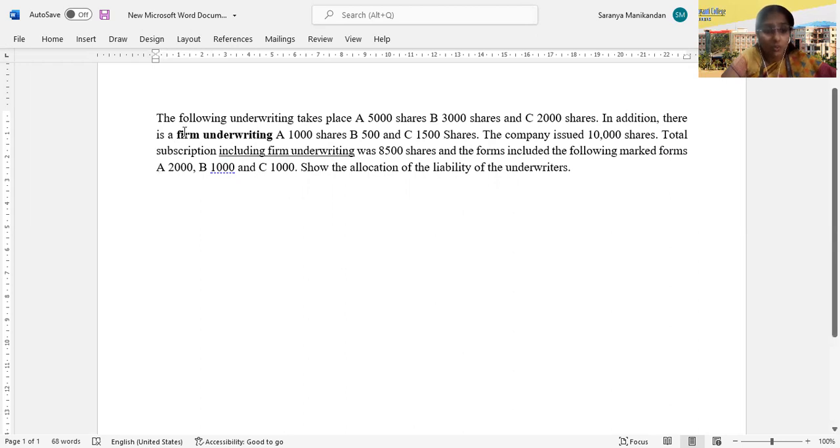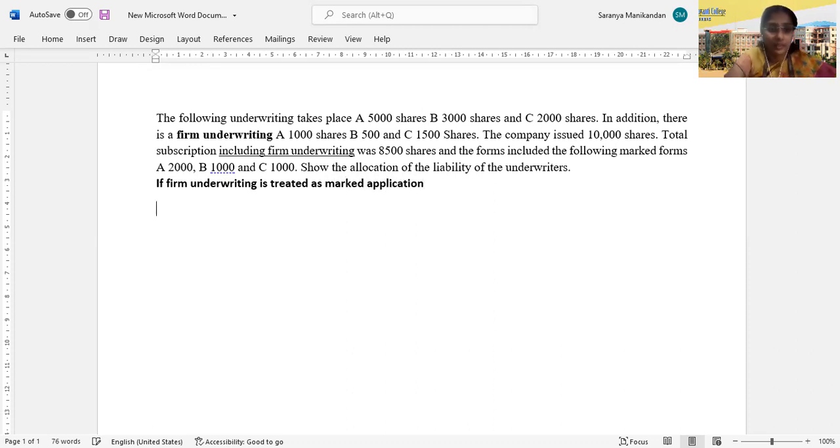Now what if firm underwriting is treated as marked application? We know the formula: unmarked application is equal to total applications received or subscribed minus marked application.